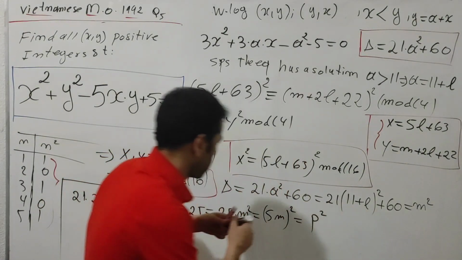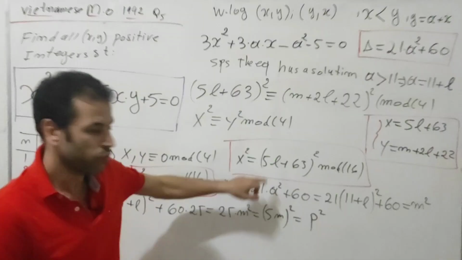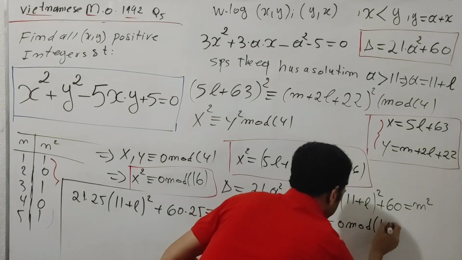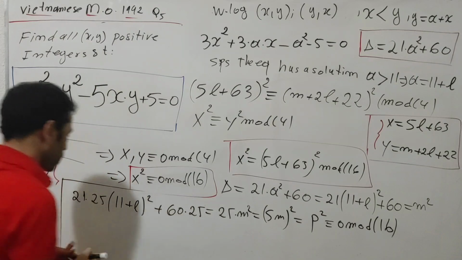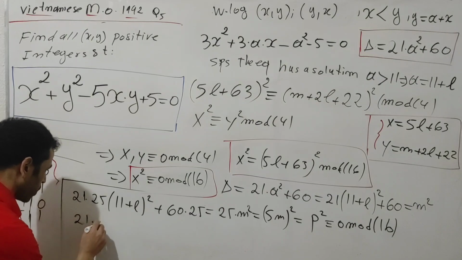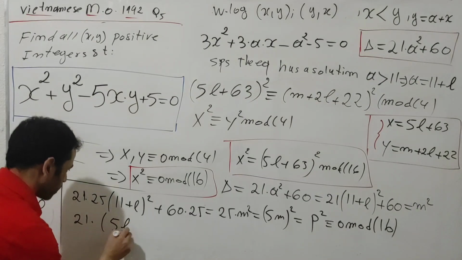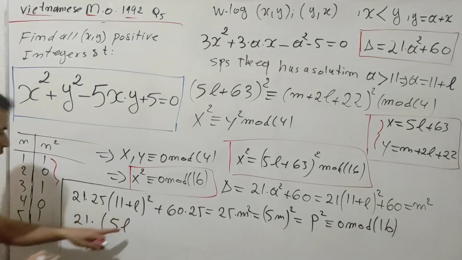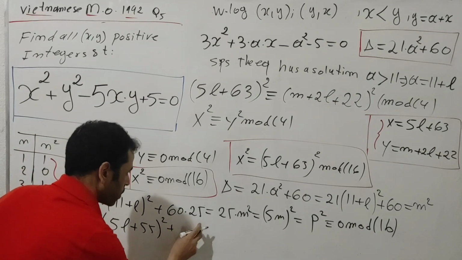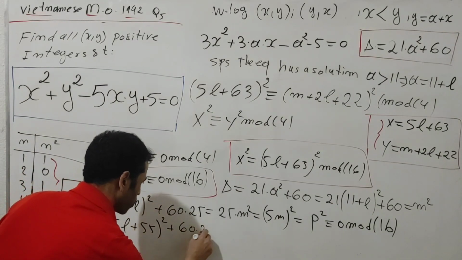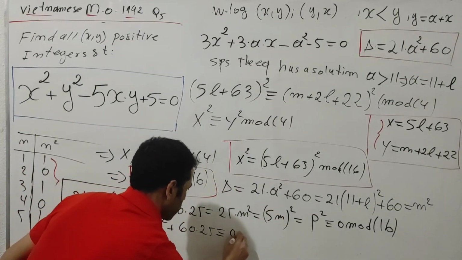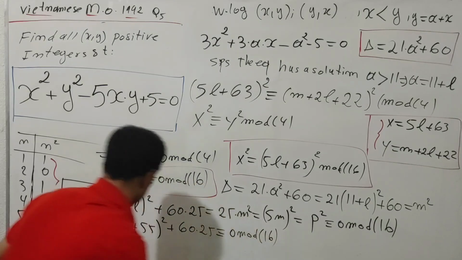Based on the previous proof, this one is congruent to 0 mod 16. Now I'm going to put this 25 inside of this one. It becomes 21 multiplied by (5L + 55) squared plus this term 60 multiplied by 25, congruent to 0 mod 16.